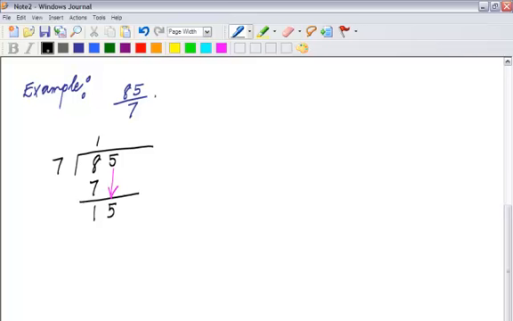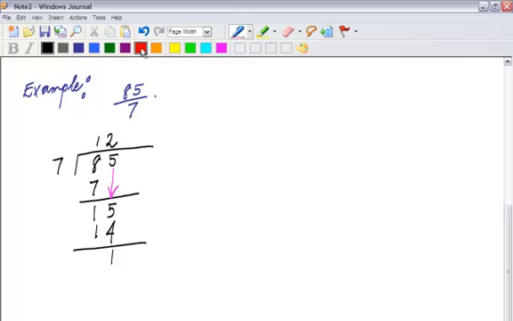And once I get 15, then I ask how many times 7 goes into 15. Well, 7 times 2 is 14. And then when I subtract, I get a 1. And notice that I don't have any more digits left in my dividend.